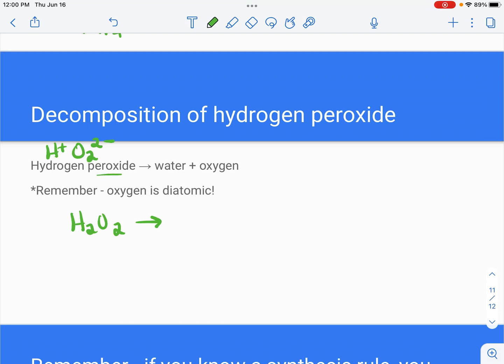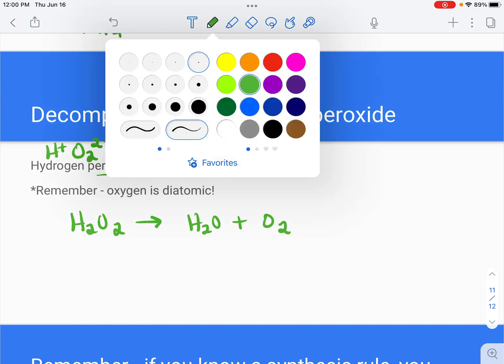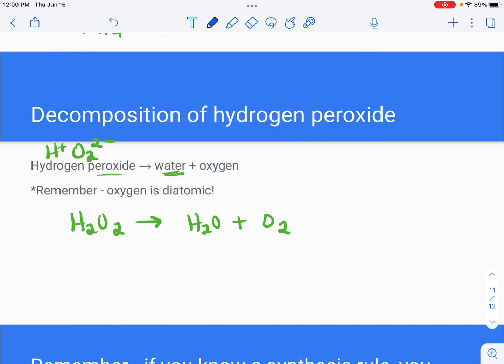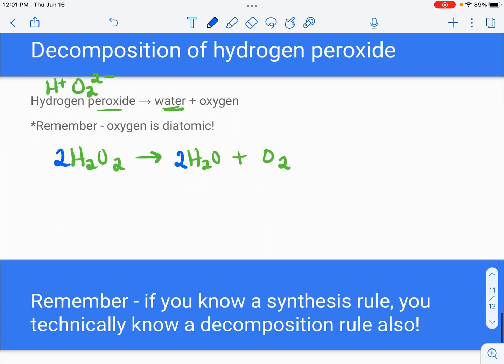But because this is hydrogen peroxide, that peroxide ion acts differently, and you get water and oxygen gas. And it's got to be O2 because it's oxygen by itself. So now to balance the equation, I have an odd number on the right, so I need to double this, and that means I need to double this, and now I have 4 oxygen on the left and 4 on the right. Okay, so that's the basic rules.